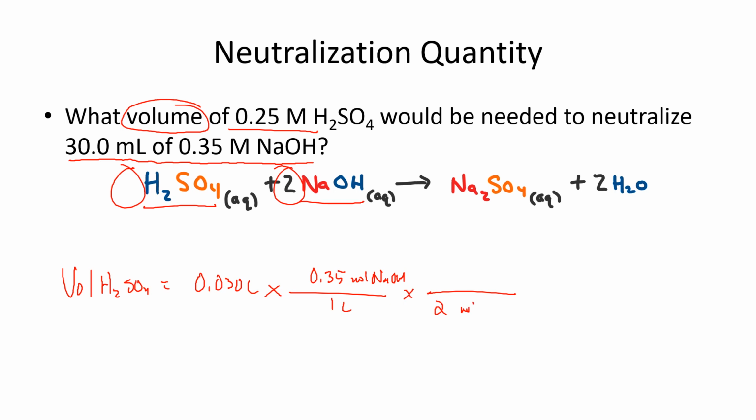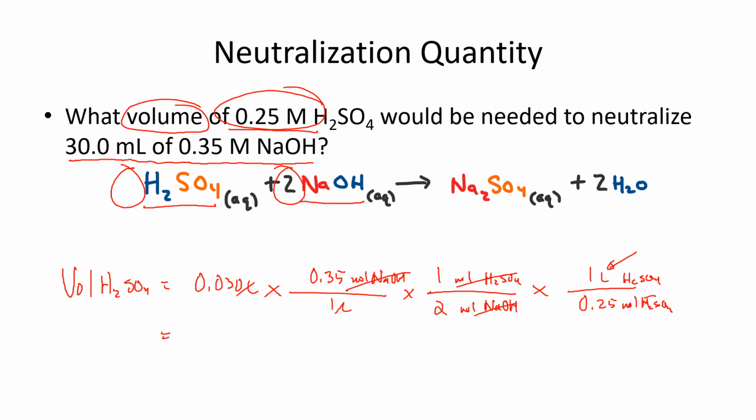So 2 moles of sodium hydroxide go to 1 mole of our acid, which is sulfuric acid. And then in order to get the volume, we need the concentration of that acid, and it's 0.25 moles of H2SO4 for every 1 liter of H2SO4. And so that will give us a volume, because everything else should cancel out.